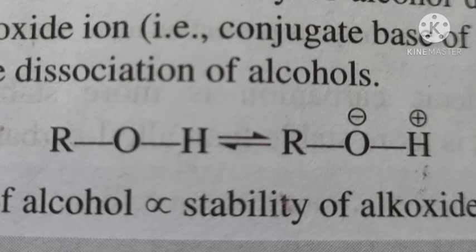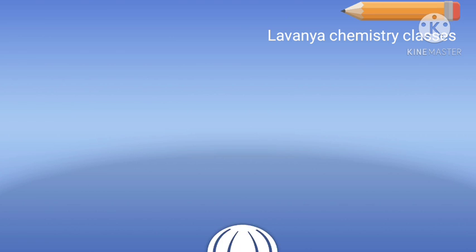The bond will be broken, the bonded electrons go towards the oxygen side, and it gives RO minus and H plus. That means the acid strength of alcohol is directly proportional to the stability of the alkoxide ion. These are the acidity of alcohols.